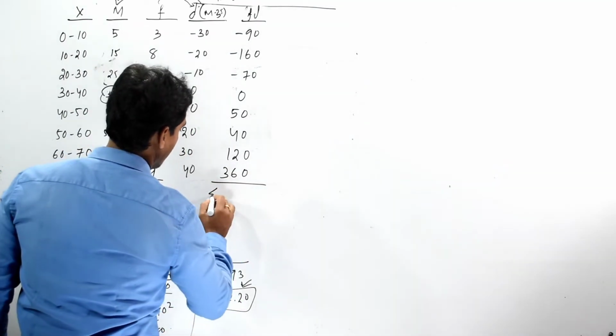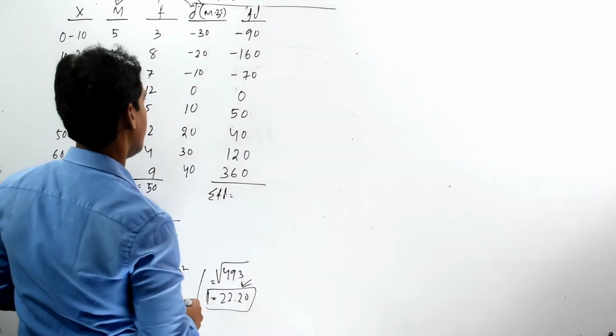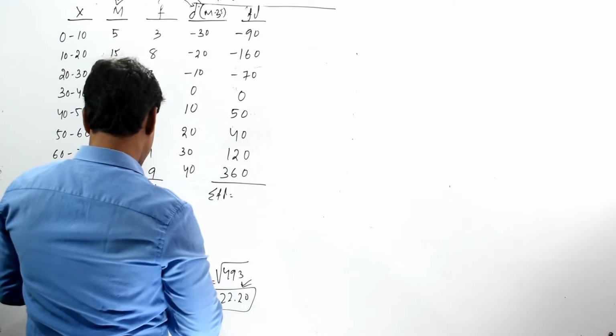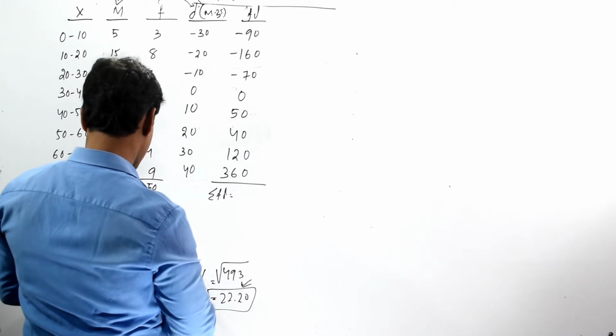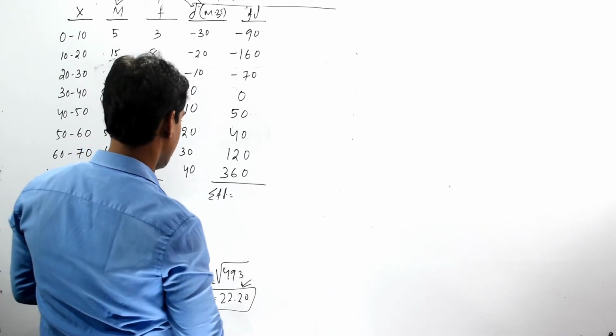So find out summation FD. So the value of our FD equals 90 plus 160 plus 70 equals 320.